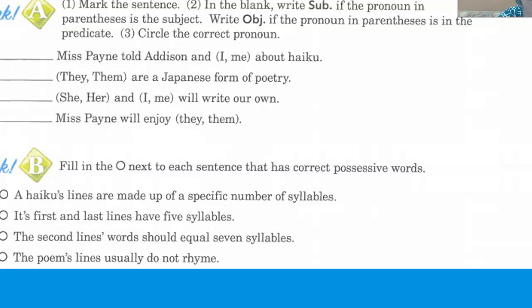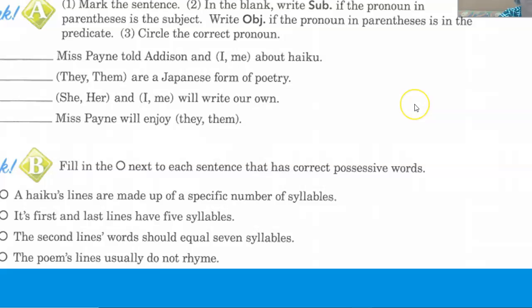Number 4, Miss Payne will enjoy blank. What is the verb? The verb is will enjoy. And so we should have a line before will and then will enjoy underlined. Miss Payne is the subject. The pronoun is coming after the verb, so it needs to be objective, and the pronoun would be them.